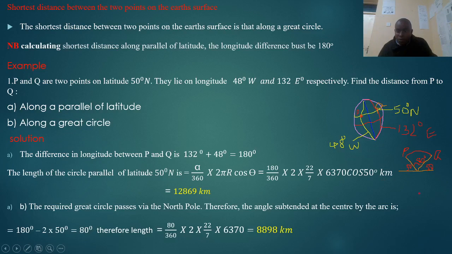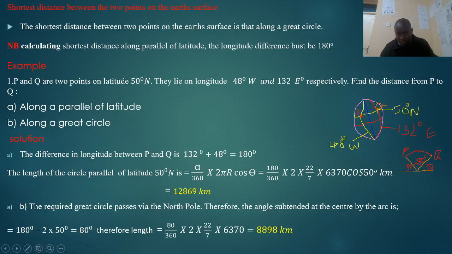And therefore, like I've said, to calculate the great circle that passes via the North Pole, the great circle will pass towards the North Pole. That's 50 degrees to the North Pole. That's where the great circle will pass. So the angle subtended at the center by the arc will be 180 minus 2 times 50, which is 80 degrees.